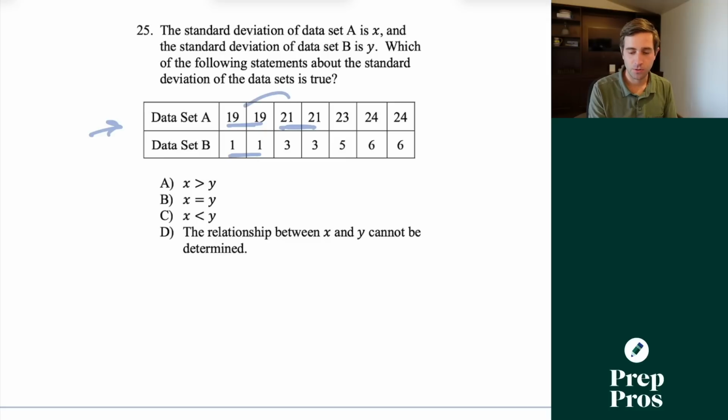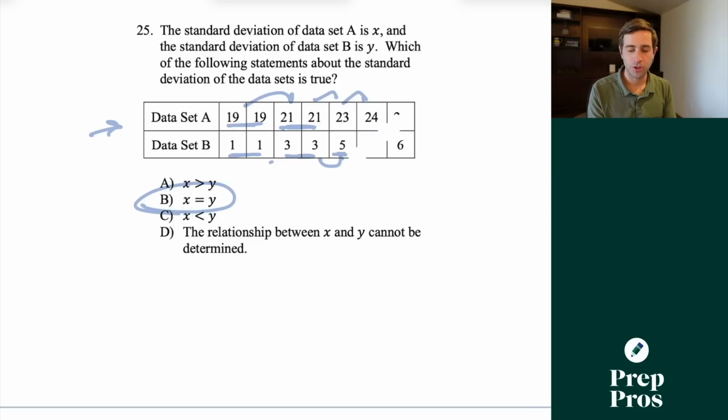The next two values are both 2 greater than those first two. Then the next value is 2 greater than the preceding. And the final two values are 1 greater than this. So here, these values are going to be spread out in the exact same way. So the standard deviations are going to be equal to each other. The actual values don't matter. It's about the spread of the values which affects the standard deviation.